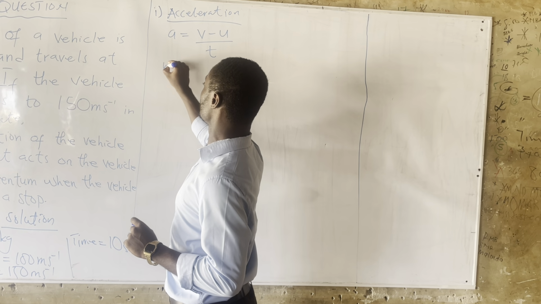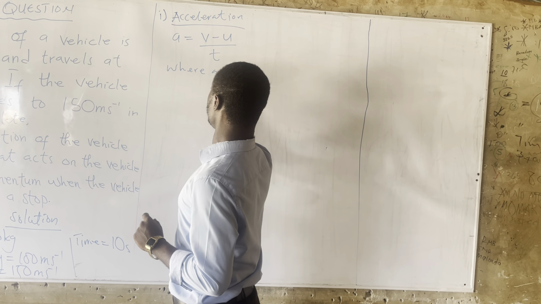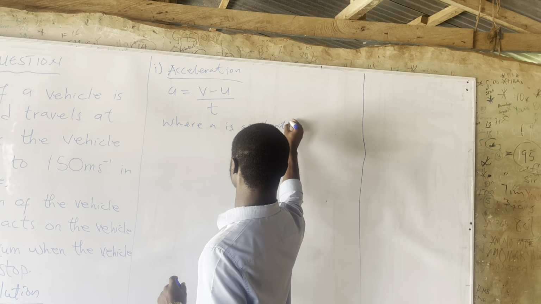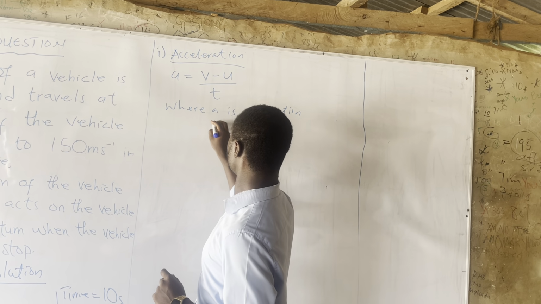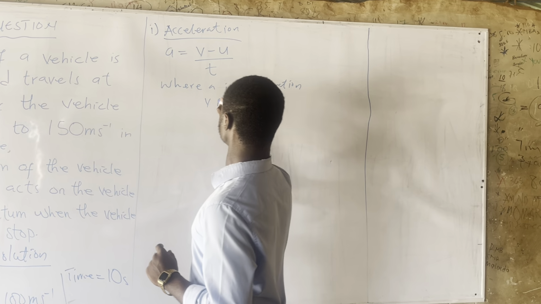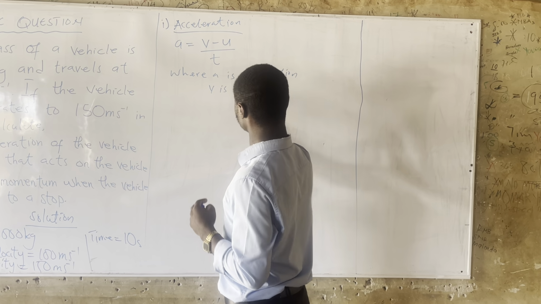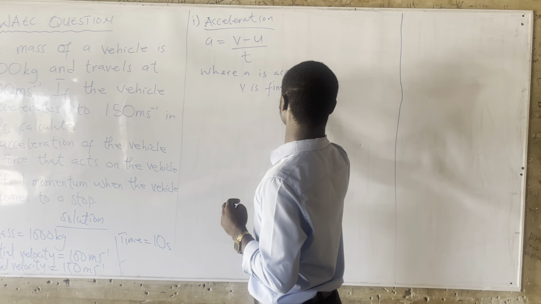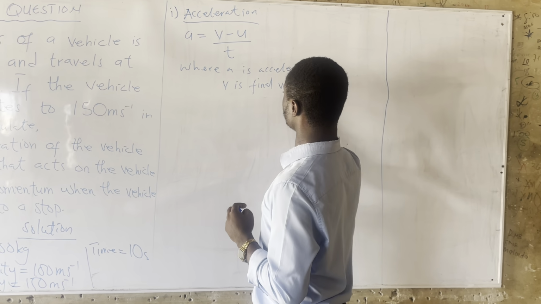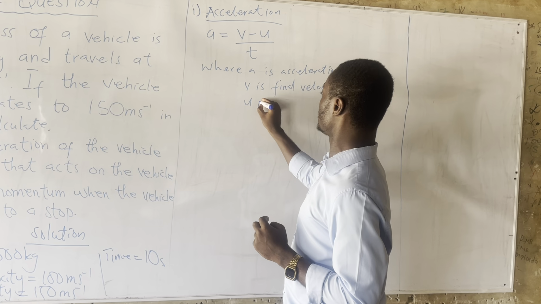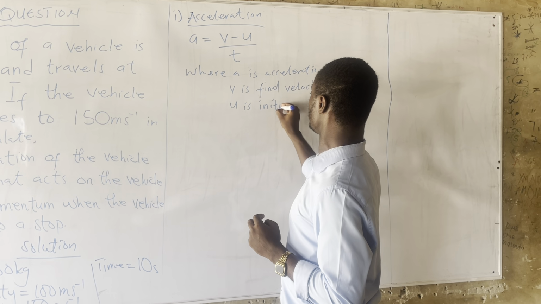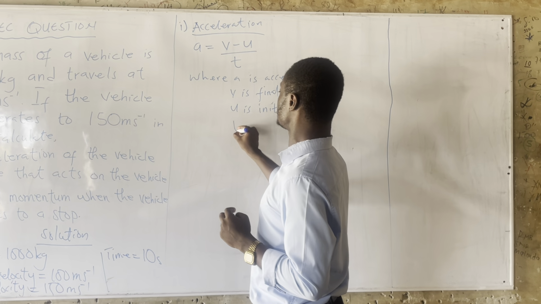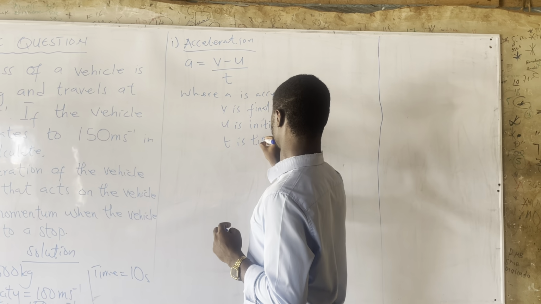Where A is acceleration, and then V is final velocity, or somebody say final speed, and then U is initial velocity, and then T is time.